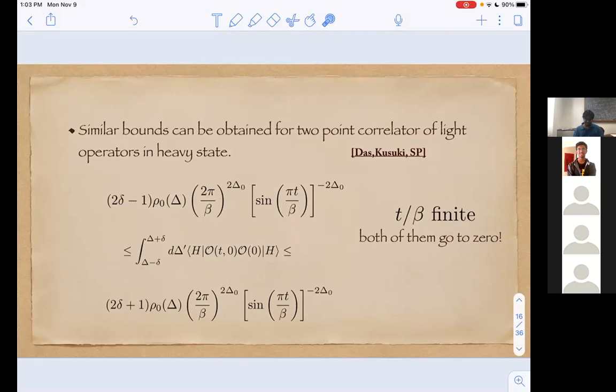So it effectively tells you that the 2-point function of a light operator in some heavy state is related to the thermal 2-point function. And this rho 0 delta counts the number of states within this window. And then there is some order 1 correction, which comes from carefully estimating the error terms.